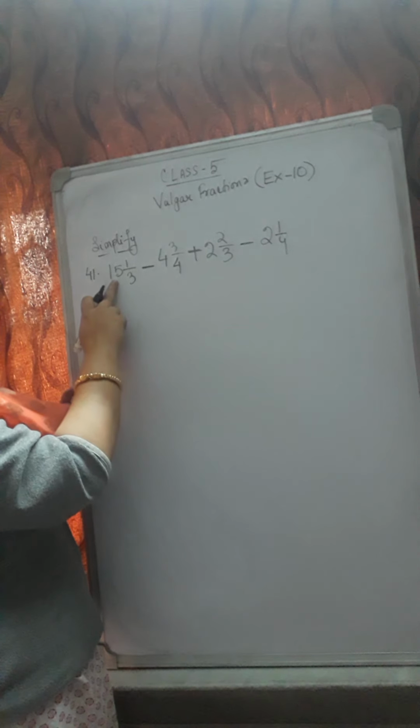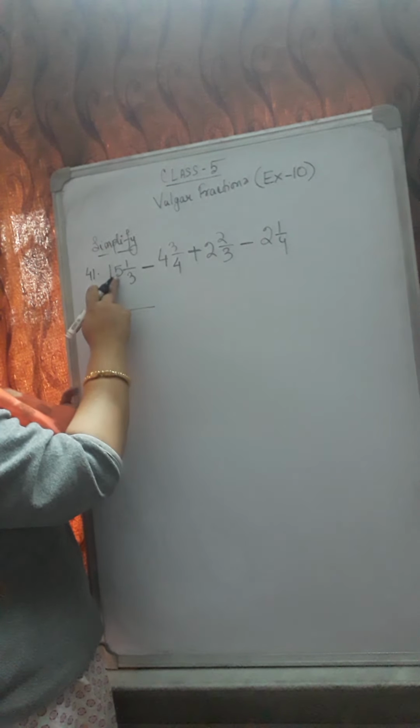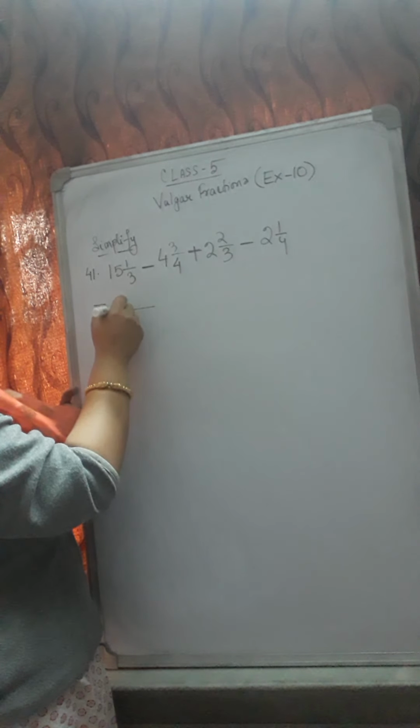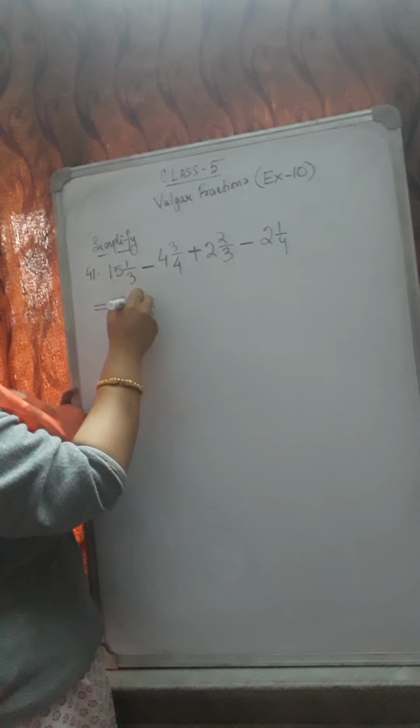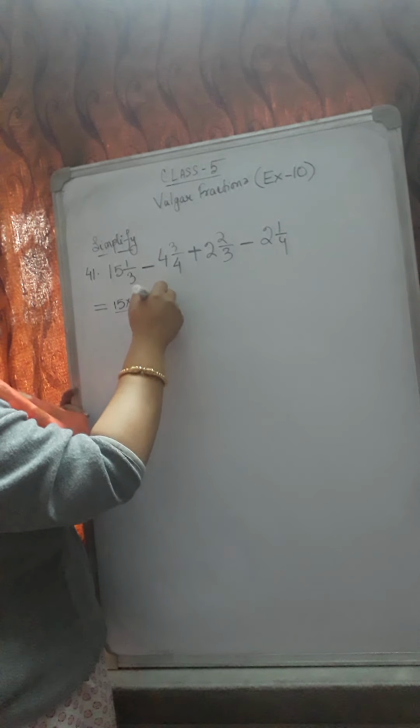I said that for 15, what will be in the numerator part? The whole number part of the mixed fraction into the denominator part of the fraction, plus the numerator.